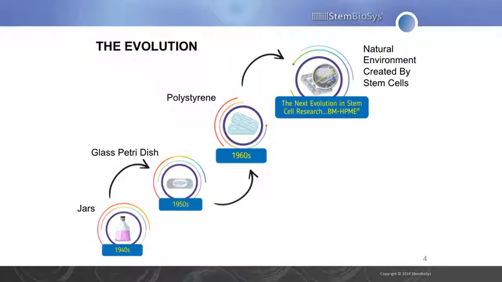And then about 10 years later, polystyrene really changed the way we did cell culture because it was very easy to produce, a very standard substrate. But that really hasn't changed much over the past 40 to 50 years. And polystyrene, as I mentioned, is a very different substrate. It's a synthetic that cells don't normally come in contact with. So what we've developed is a natural environment created by stem cells primarily for stem cell growth.